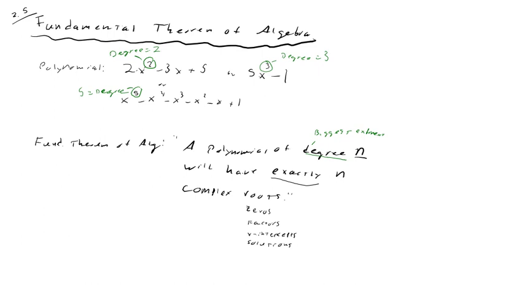All of these words mean the same thing. They mean roots, they mean zeros. They're all talking about the same feature of an equation. Okay?